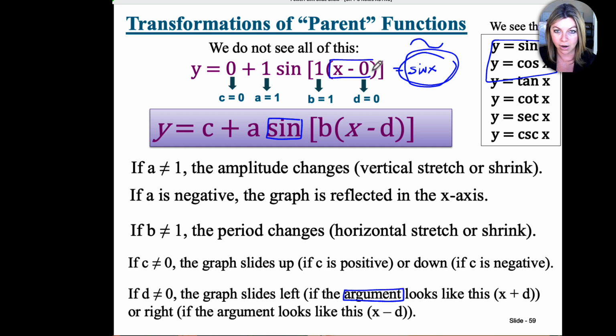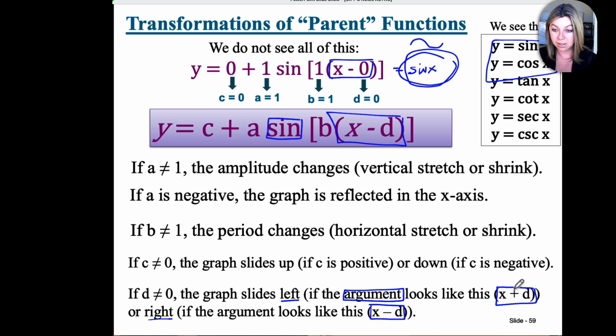This is the argument. We call it the argument. If the argument looks like this, x plus some value for D, then the graph is going to slide to the left. It will slide to the right if the argument looks like this, x minus D, okay?